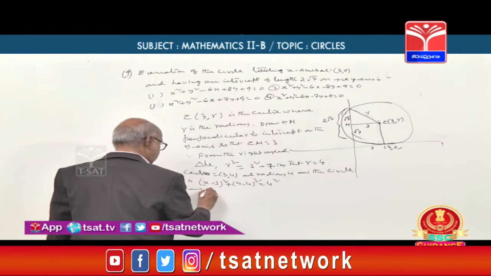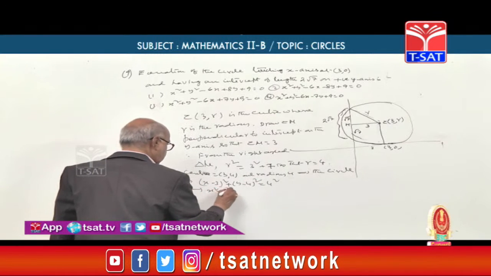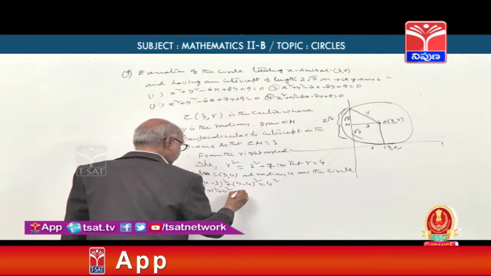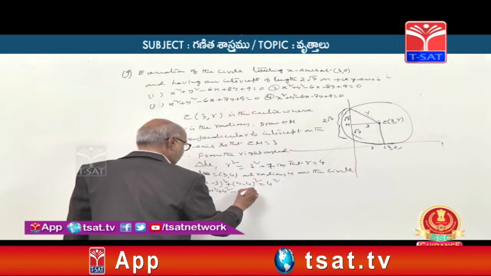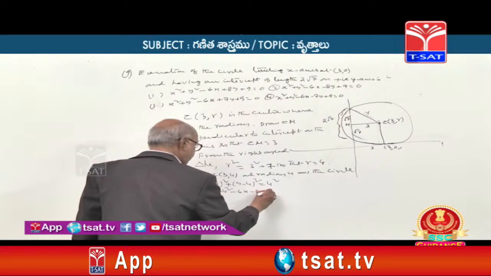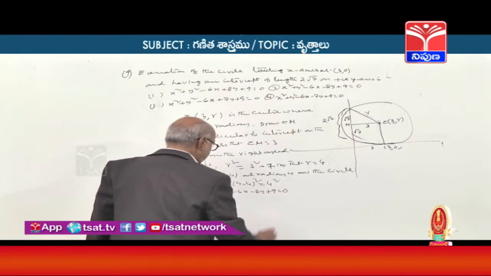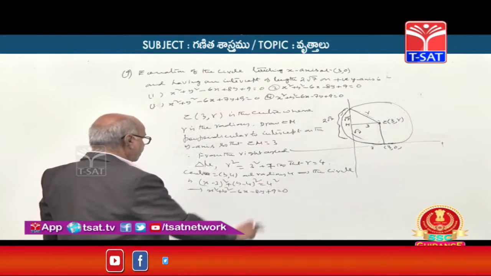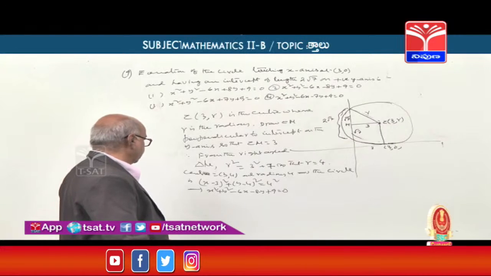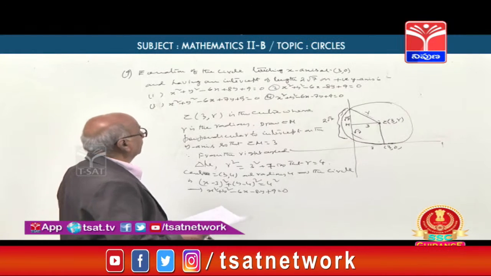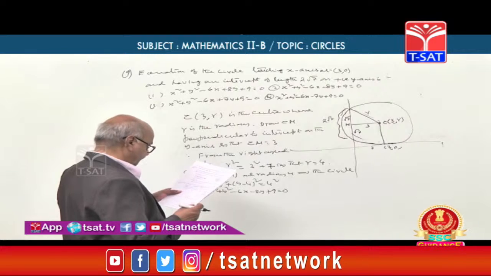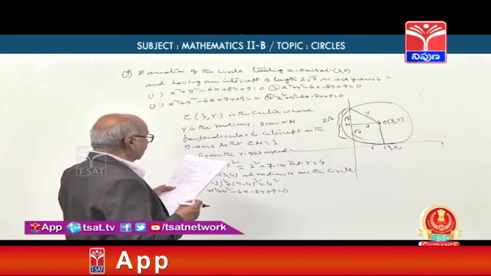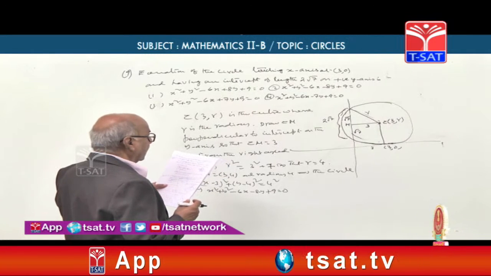So, that implies x square plus y square minus 6x minus 8y plus 9 is equal to 0. Plus 4 square will cancel, plus 9 is equal to 0. So, the correct option is option number 2.